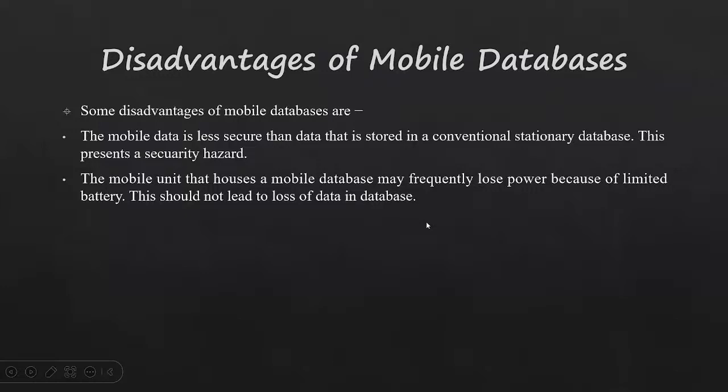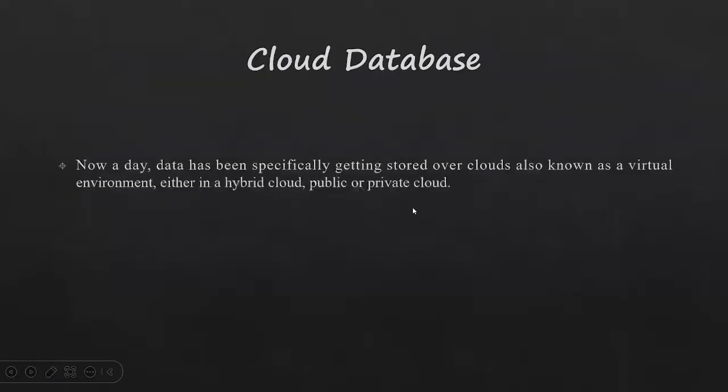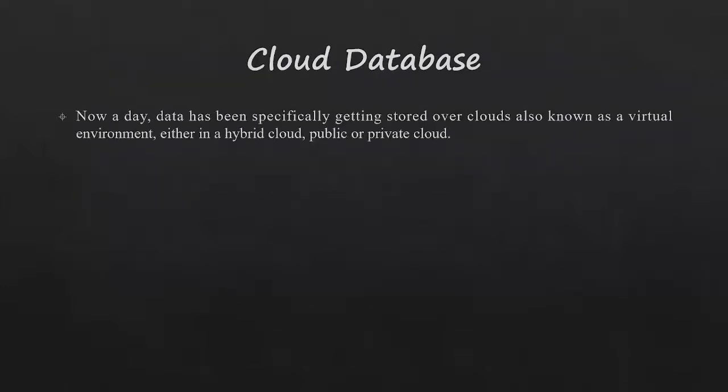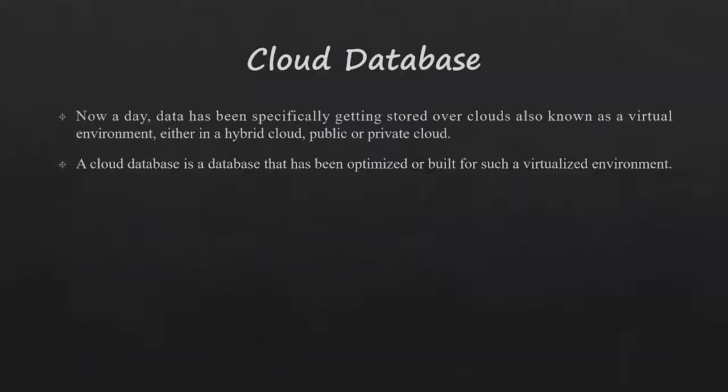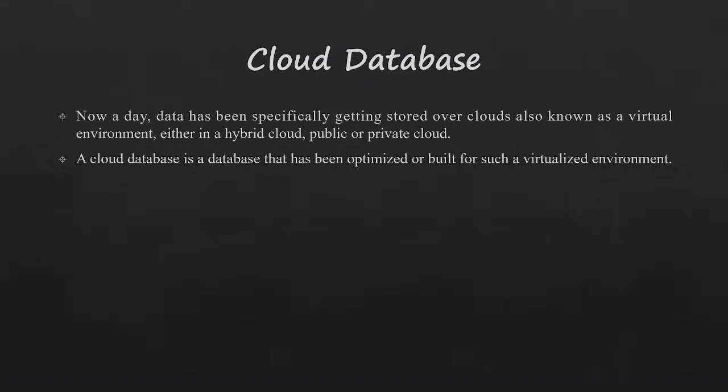So further when we move, the next thing is cloud database. Now, we have talked about cloud database before also, but still I'm discussing it here. Nowadays data is getting stored over clouds, also known as a virtual environment, either hybrid, public or private, that we have discussed. A cloud database is a database that has been optimized or built for such a virtualized environment.